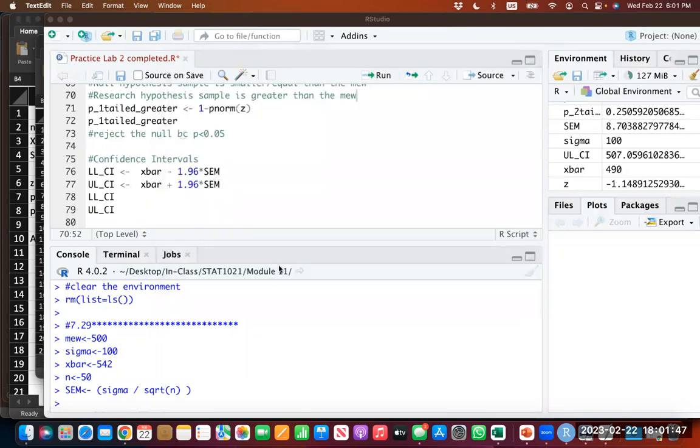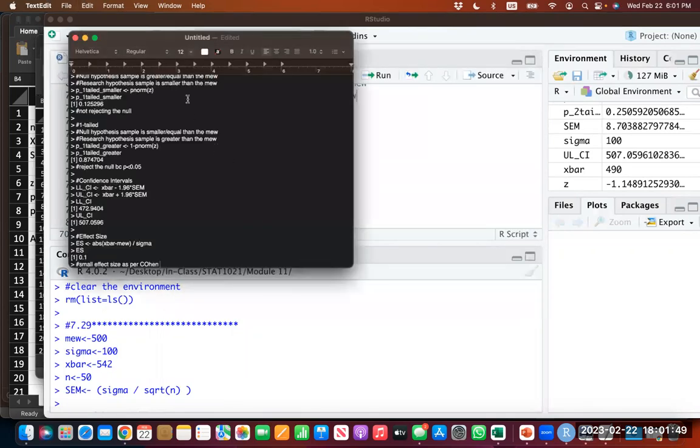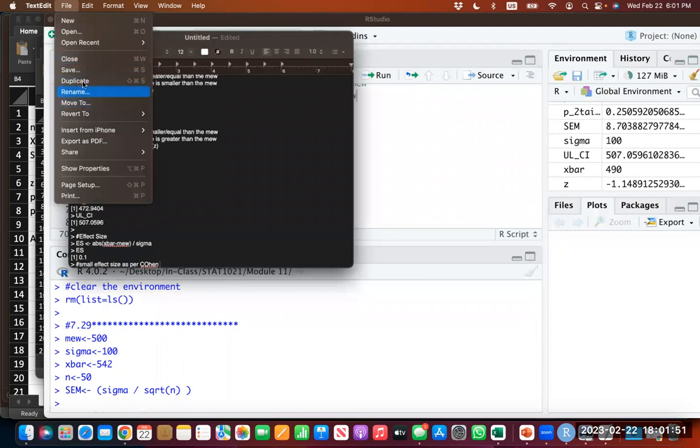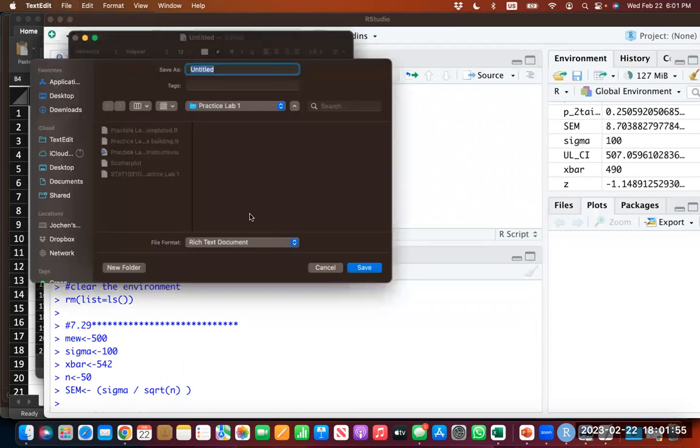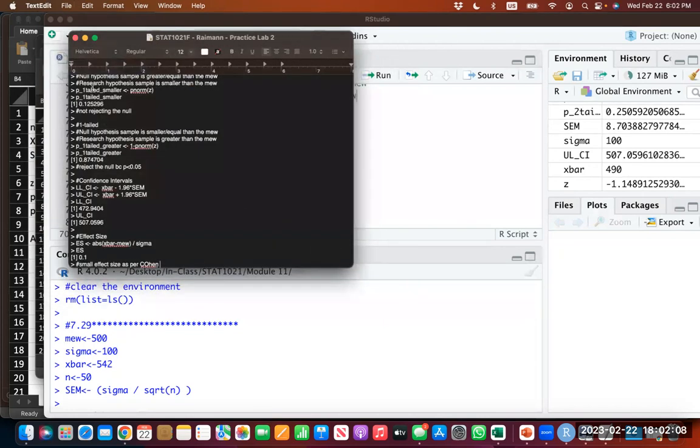Yes, please save it then, you copy it and you save it as STAT1021F, family name, practice lab 2. Good. So that's how this is supposed to look.